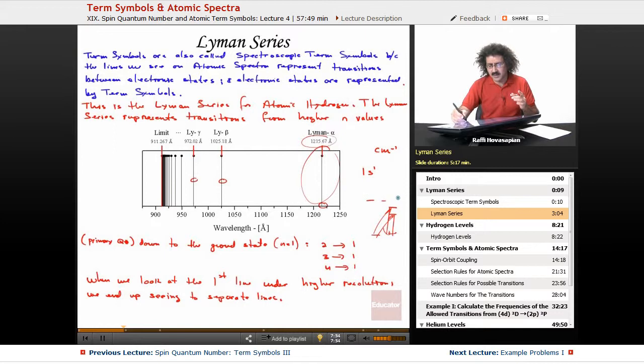Or we have a double level jumping up to a single level, but these would end up being the same energy. So more than likely you have the ground state and then two higher energies, but what is it that's actually going on? So let's take a look. What's going on?